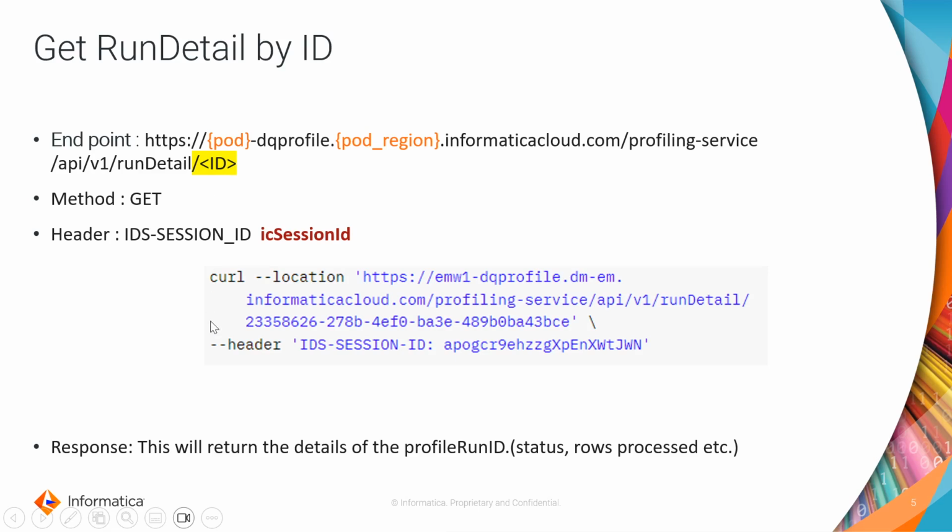This will return the details about the profile run ID, whether the profile has completed, if completed the number of rows processed, and some other information along with that. When we use get run detail by ID, we'll be passing a very specific profile run ID, to get the status of that particular profile run.